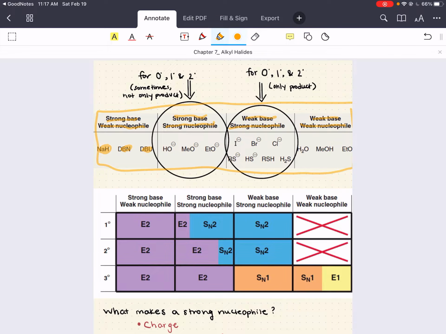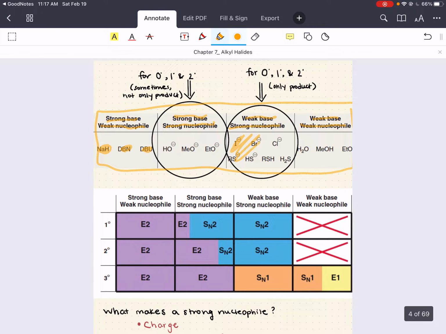So if you're thinking, okay, we're going to learn SN2, and we're going to learn that in SN2, we're going to need, for example, a strong nucleophile, weak base. We know for an SN2 reaction that we need a strong nucleophile, weak base.